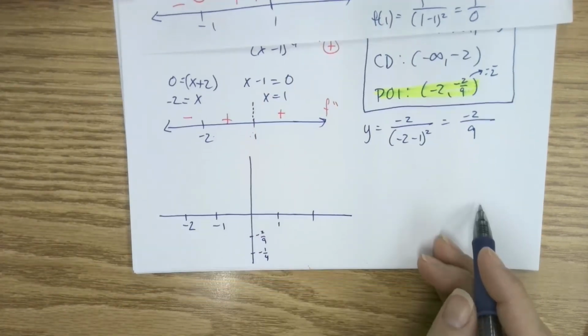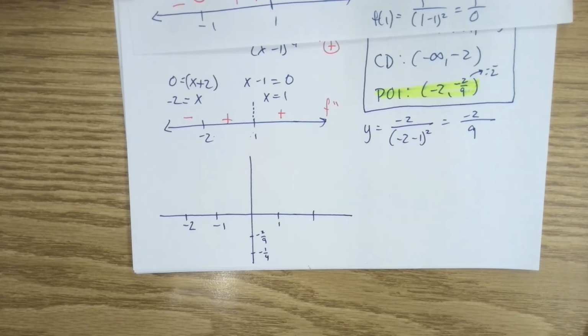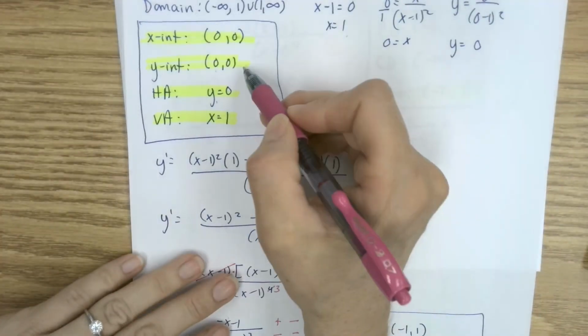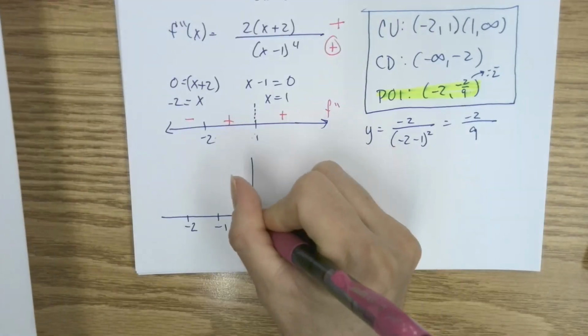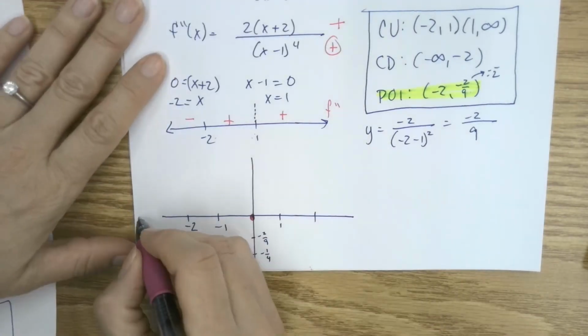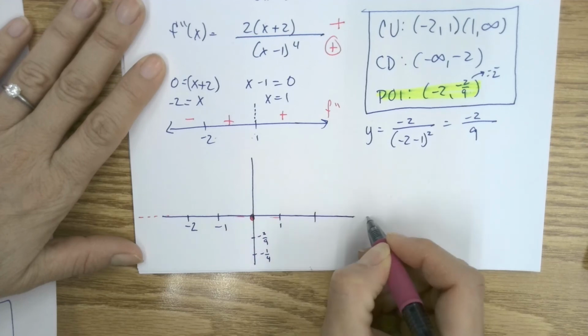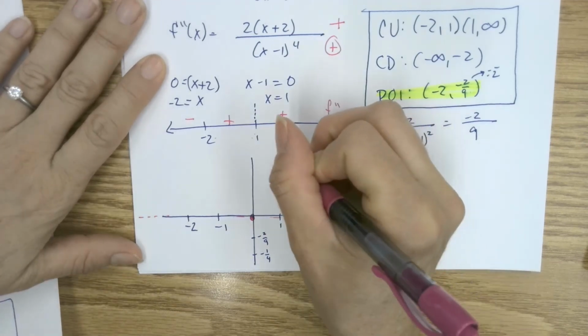All right, so let's get some things on paper here. Let's get our actual points that we know. So going back to the very beginning, we have our x-intercept and our y-intercept at 0 and 0. We have our horizontal asymptote at y equals 0. We have our vertical asymptote at x equals 1.